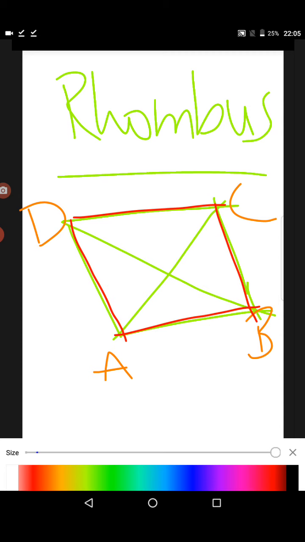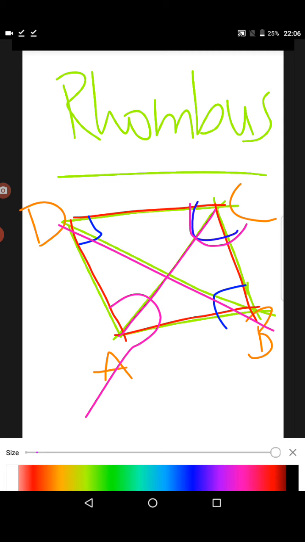Okay, opposite angles. These two angles are equal, and these two angles are equal. So you understood it, right? Now I have drawn the diagonals here.